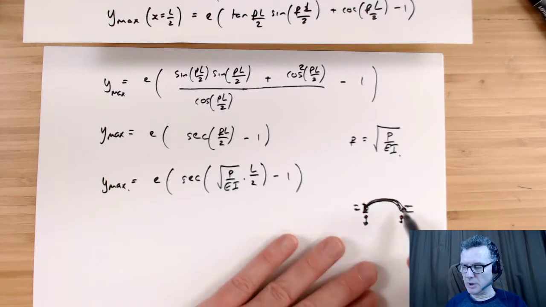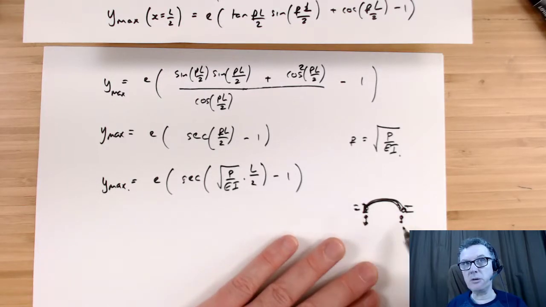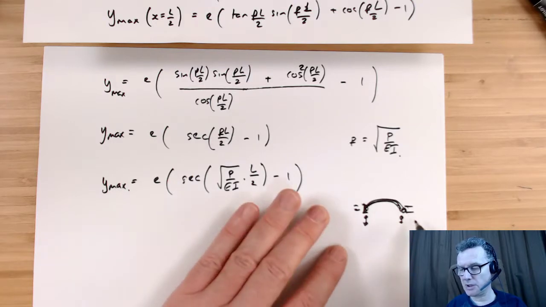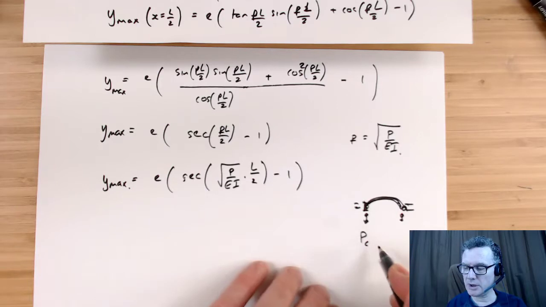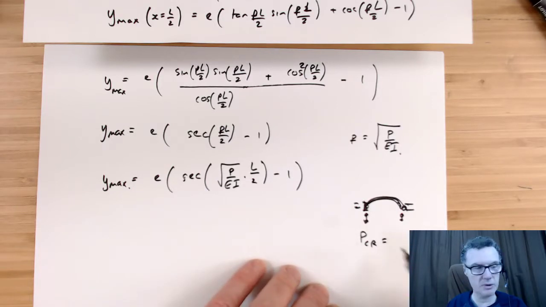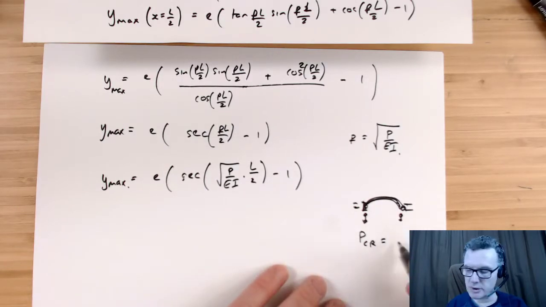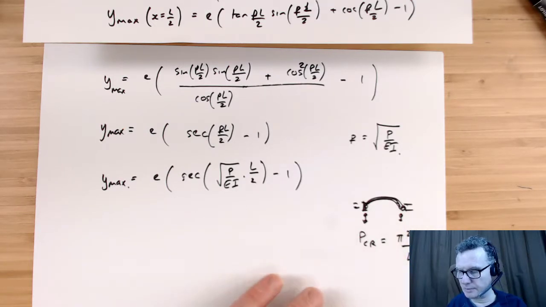So what is the critical force required for this case to buckle? Well, we called that critical buckling force, and we found that was pi squared EI over L squared.